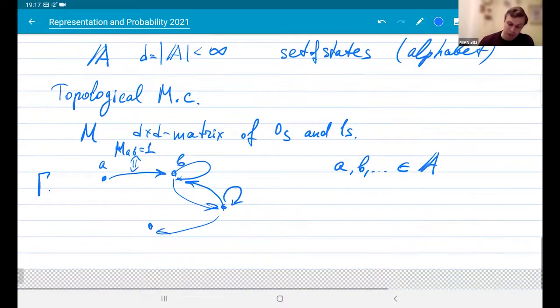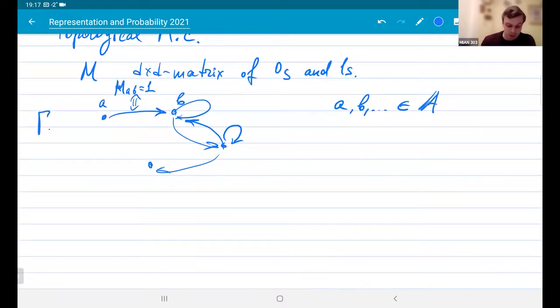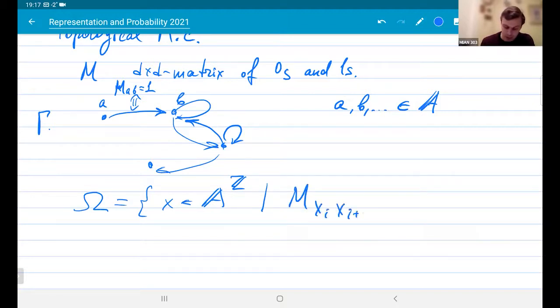Well, what is a topological Markov chain then? Now let's consider the set omega of all bi-infinite sequences x in our set, such that M x_i x_{i+1} equals 1 for any i in Z. In other words, x is an infinite path along the arrows in this graph.